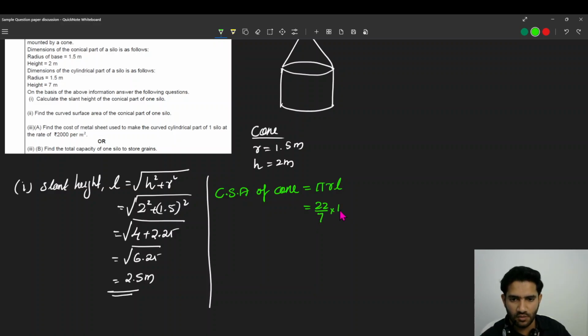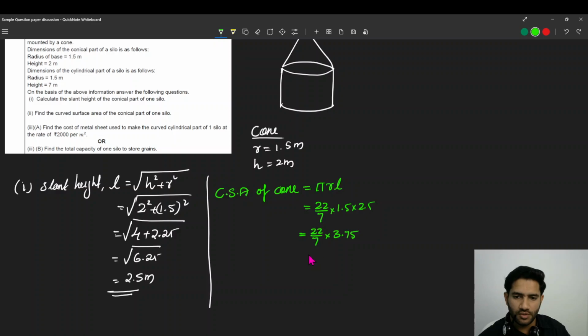R is given 1.5 and the slant height is 2.5. So 22 by 7, 1.5 into 2.5, that is 3.75.